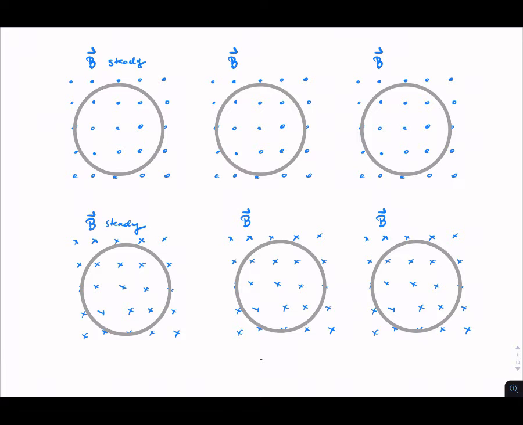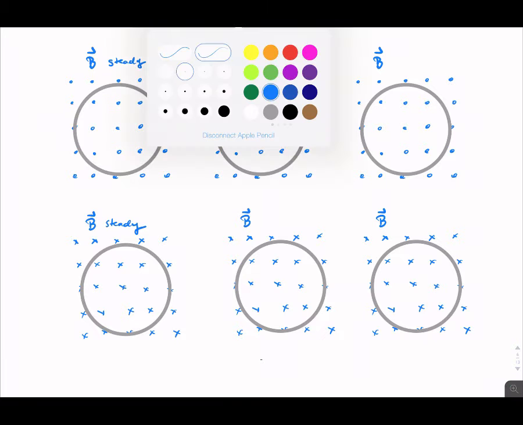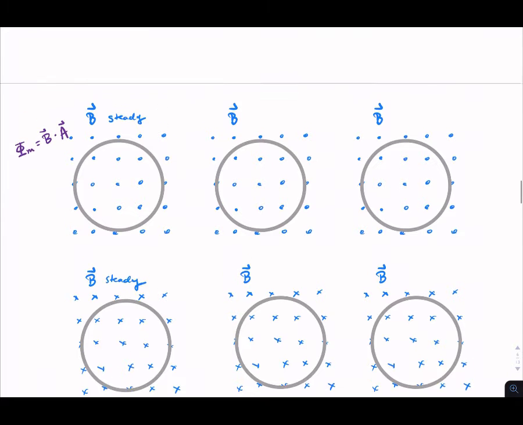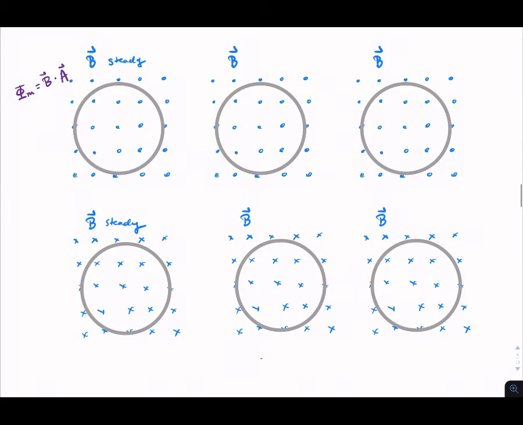So when we think about the magnetic flux, what's involved? Well, that's going to be the magnetic field dot product with the area, okay? So the magnetic field is constant. Is the area changing? No, the area is also constant. So when you get BA, this is going to be equal to a constant.